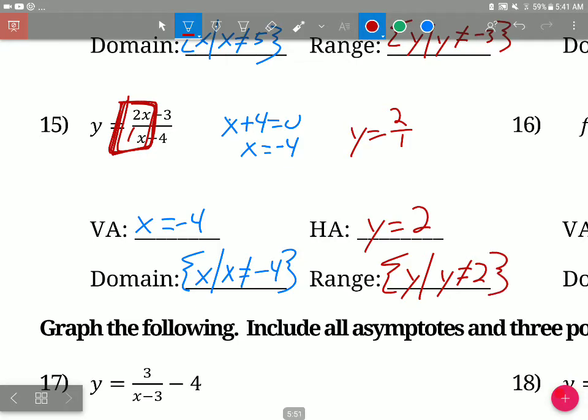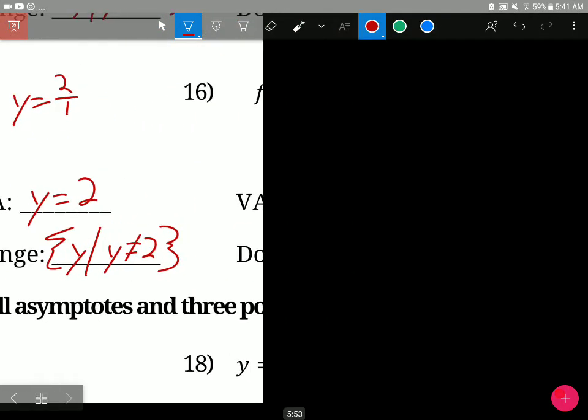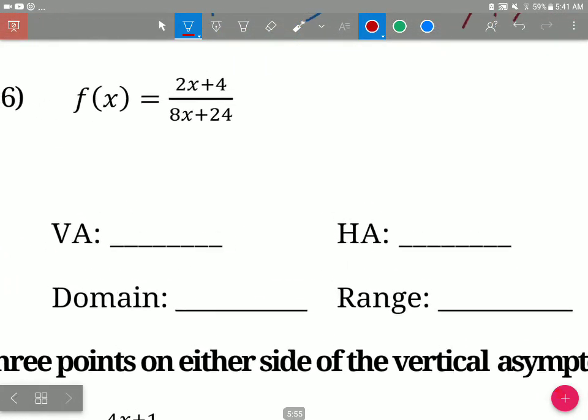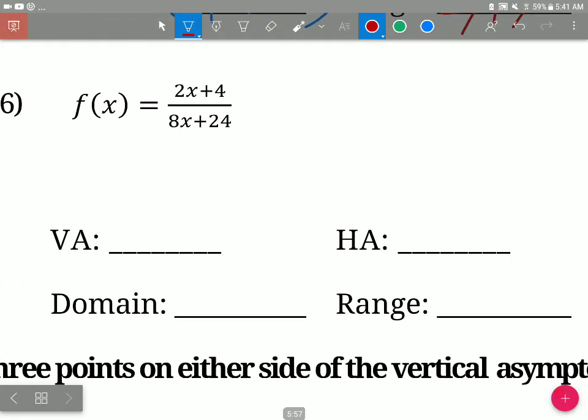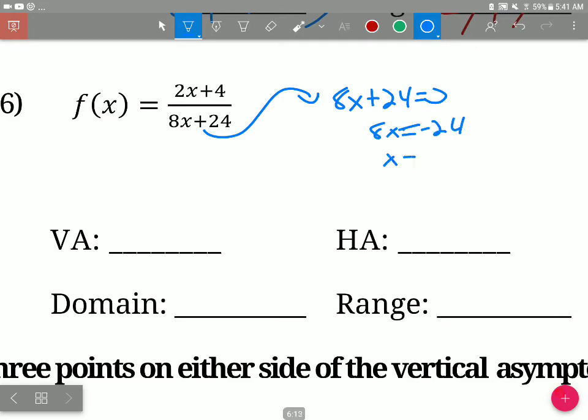All right. If you haven't done 16 yet, go ahead and pause the video and knock it out. But in the meantime, I'll do it real quick. Wow, this whole thing can be divided by 2, but whatever. So let's take the bottom: 8x plus 24 equals 0, so 8x equals negative 24. Negative 24 divided by 8 is negative 3, so the vertical asymptote is at negative 3, and that is the one place that it cannot be.